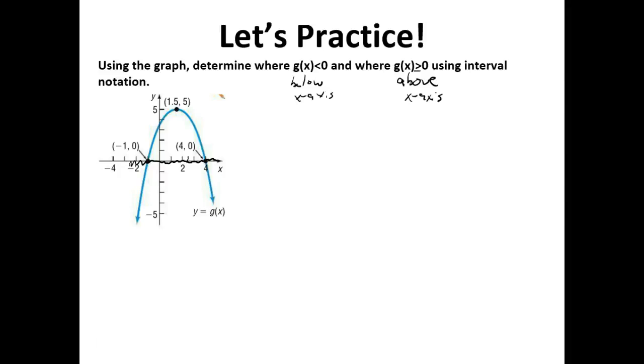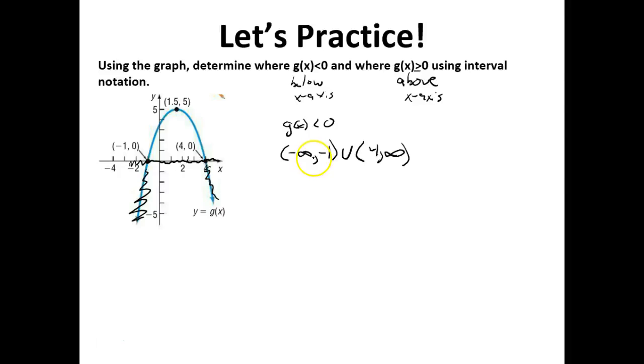So looking at this graph, g of x is less than 0 on this part right here, which are all the x values that start from negative infinity up to negative 1, or I use that union symbol again for "or," on the interval over here, from everything from 4, and it just keeps on going to infinity.